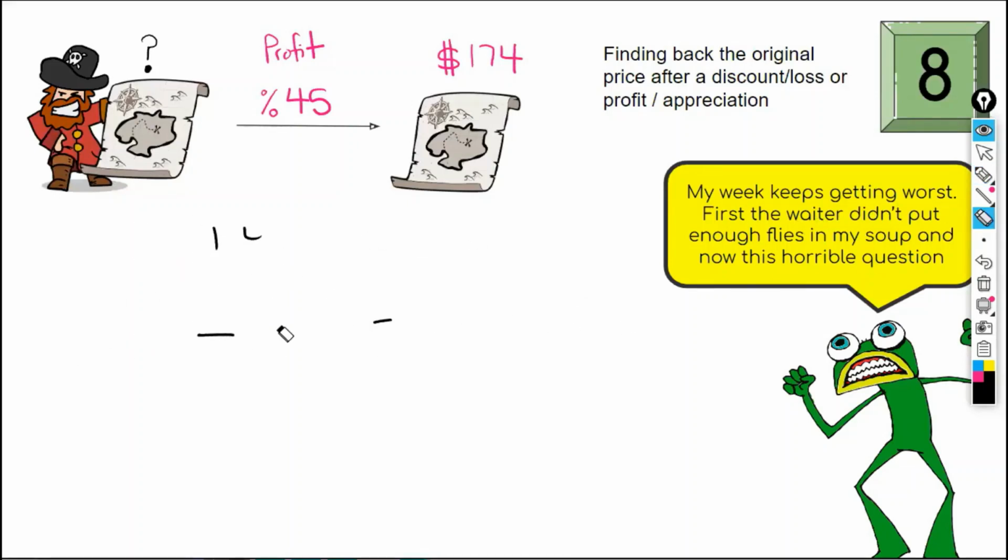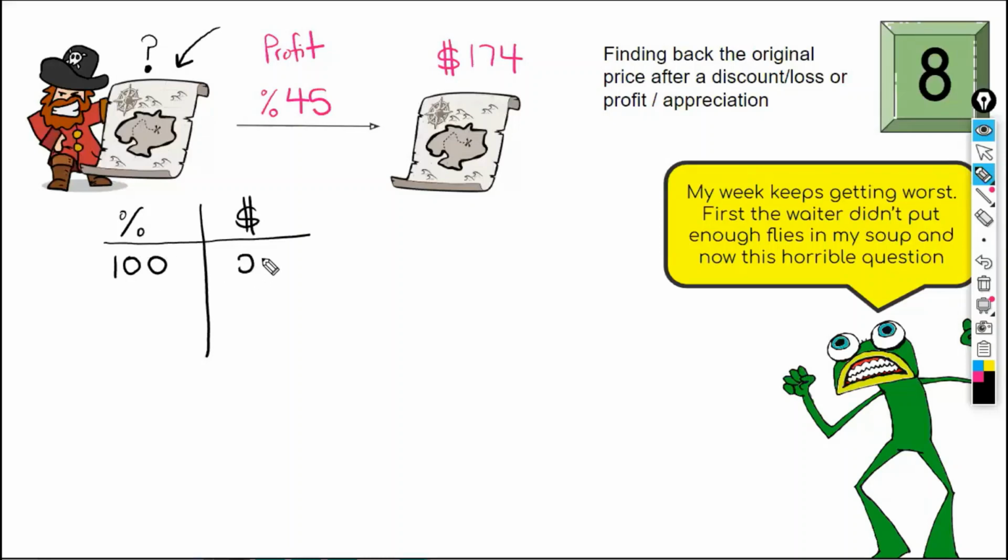The easiest way you could do this is use the cross table. We're dealing with two things, percentage and money. You see the original price, whatever the original price was supposed to be, that's always regarded as 100%. So the pirate's price was 100%. And we don't know his cost.